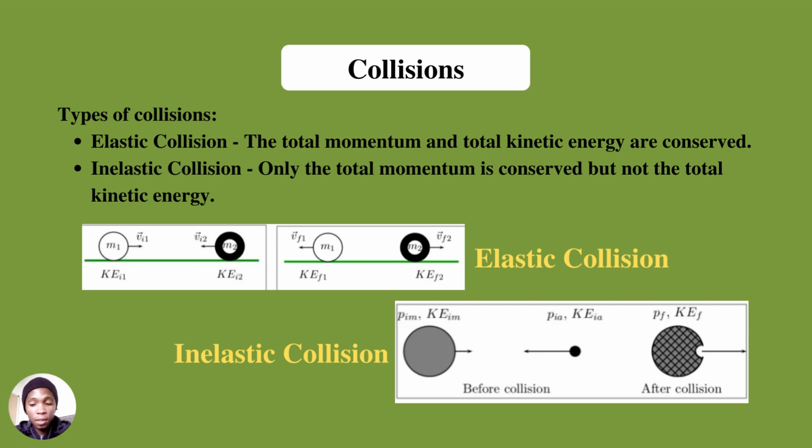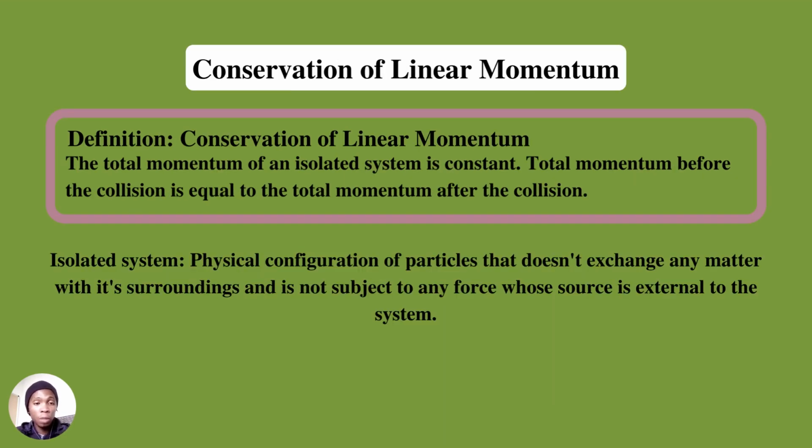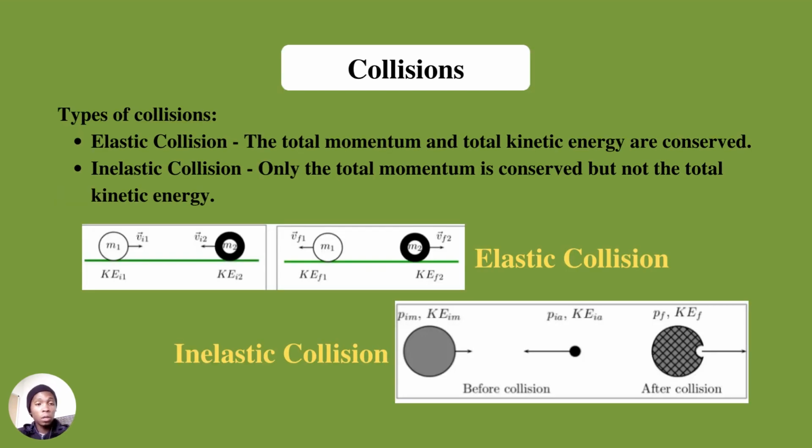Then we also talked about the total momentum before the collision and after the collision. So what are collisions? We have two types of collisions: the elastic collision and the inelastic collision. An elastic collision is a collision whereby the total momentum and kinetic energy are conserved. So the total momentum before the collision is equal to the total momentum after, and the total kinetic energy before the collision is also equal to the total kinetic energy after.